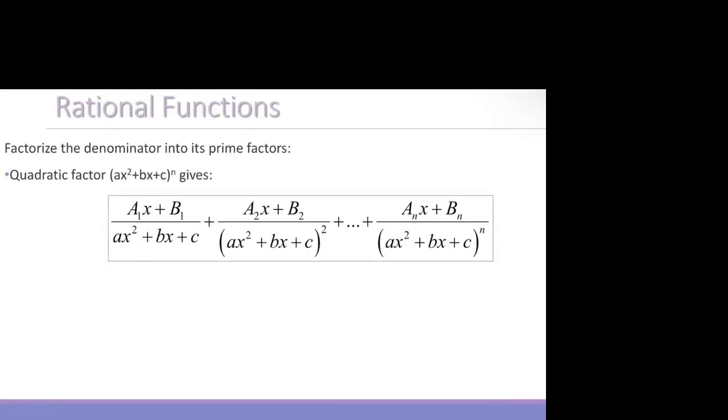Next, if the denominator B(s) is a quadratic factor where the highest power is n, you want to break down into several fractions.